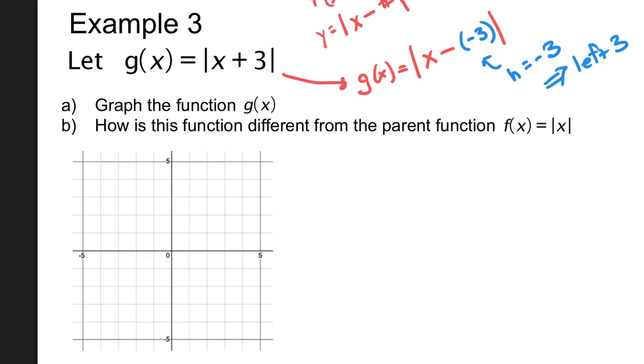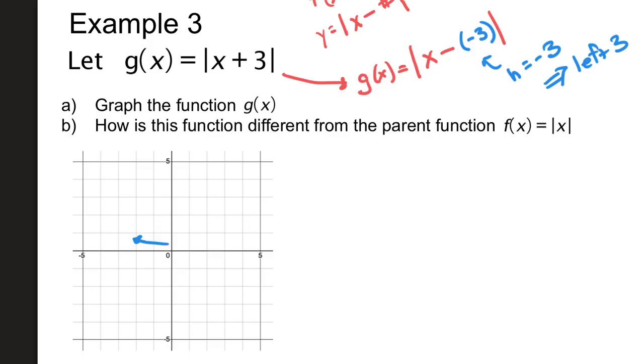Not to the right, like we might think it is because it's an addition sign. Folks, it doesn't matter to me whether you want to write it out like this, change it to the subtraction, or if you just want to remember when you see an addition sign inside absolute value, it means we're moving everything to the left that number of units. And in this problem, that's exactly what we're doing.